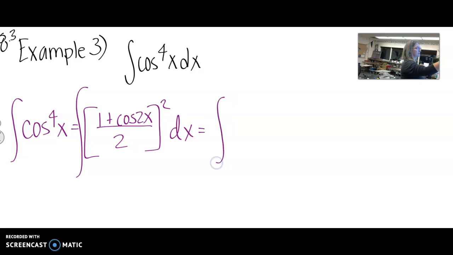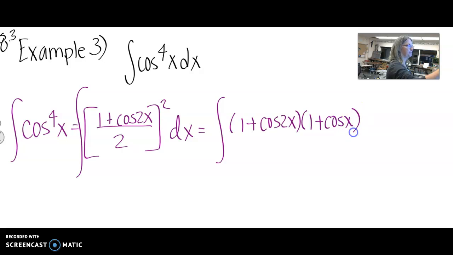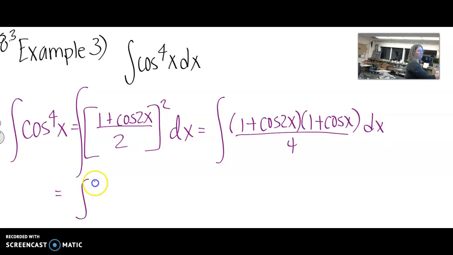So if we FOIL 1 plus cosine of 2x, multiply that through, and then in the denominator we would have a 4, we would get 1 plus 2 cosine of 2x plus cosine of 2x, that quantity squared, in the numerator.